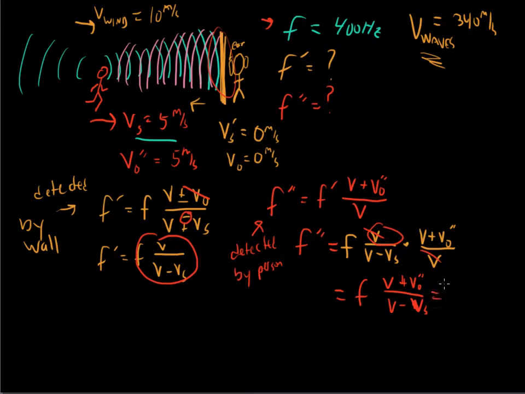But what we end up getting then is 400 was our frequency times 340 plus 5 divided by 340 minus 5. So essentially we have 400 times 345 over 335. And you can calculate this out and see what the effect is. But primarily it's just a rebound pass to this person in terms of the frequency, and it's just the frequency of that person that ends up making a difference in this case.